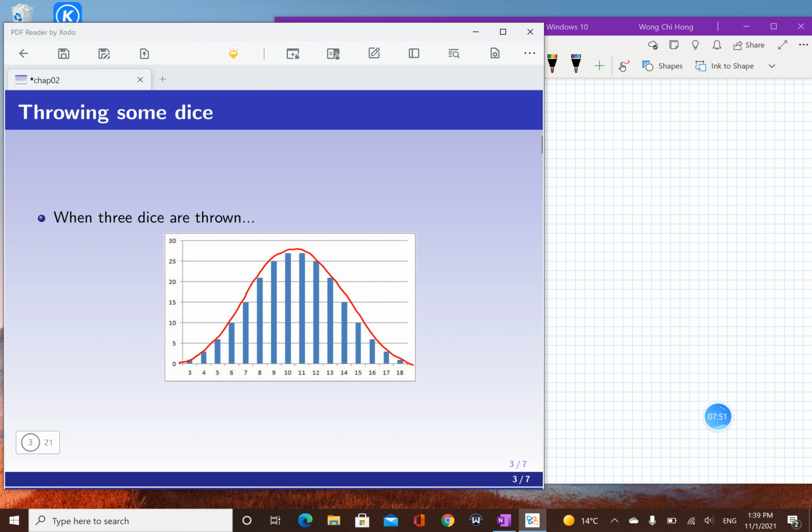What you're noticing here is we have discrete numbers. Our outcomes come in 3, 4, 5, 6, 7, 8, 9, 10, etc. You never get anything like 6.352, or anything in between. So they are discrete random variables, even if you're throwing three dice.